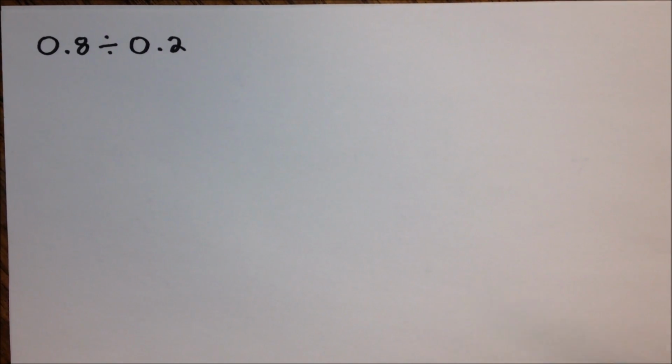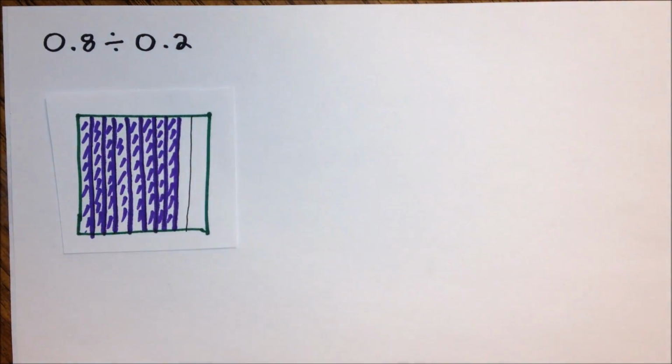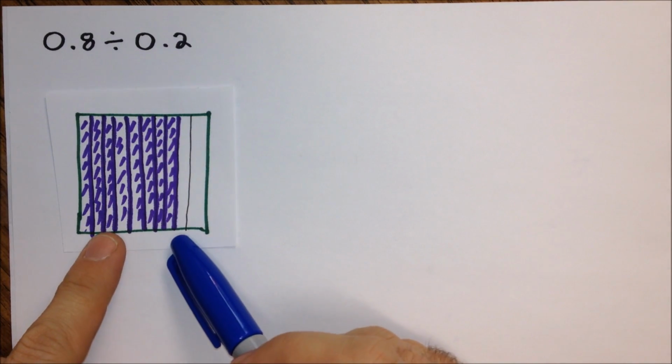I'll say that that's not the only way to think about division, but it's a very useful one, and it's going to be very useful for us today. So I'm going to start with a visualization, and the visualization is that I might have this image right here that shows my 8/10.